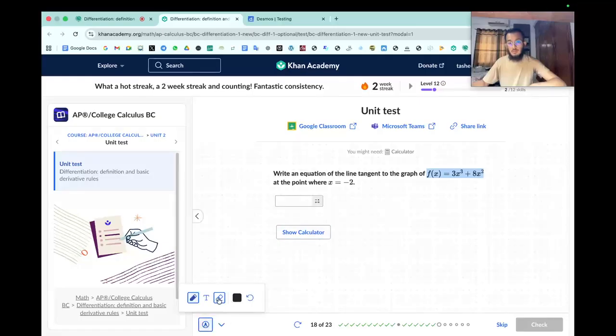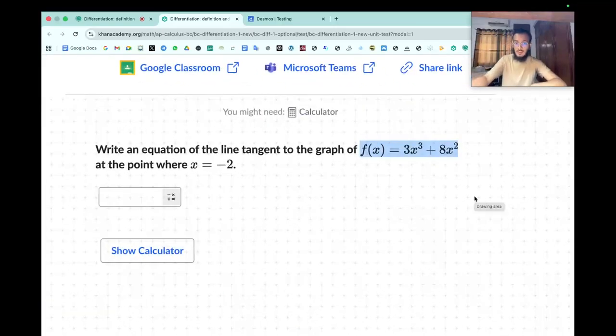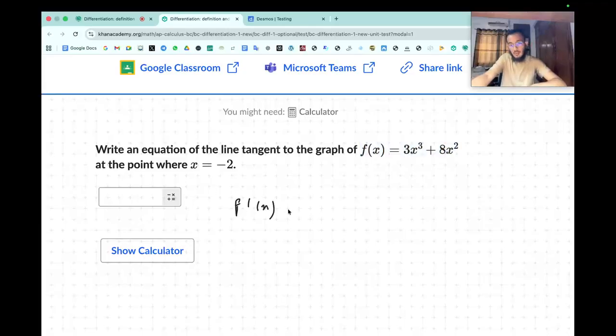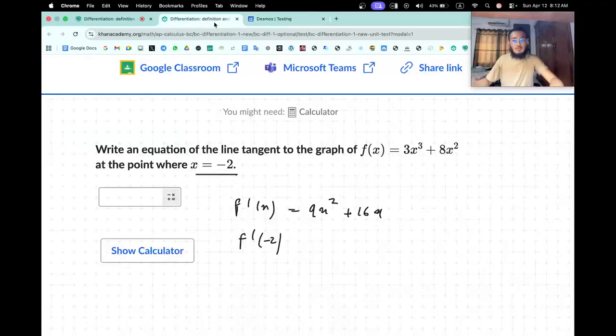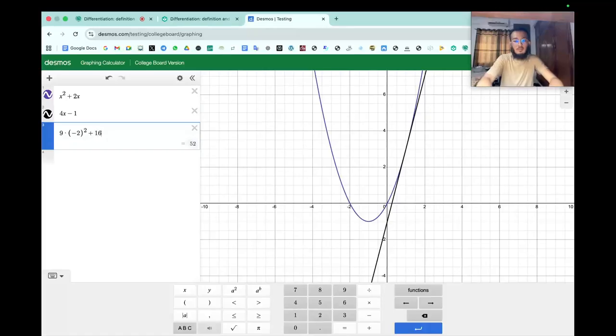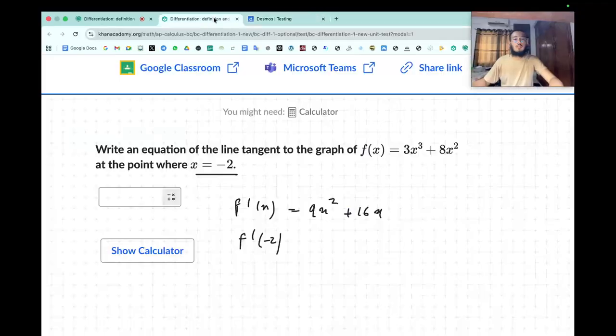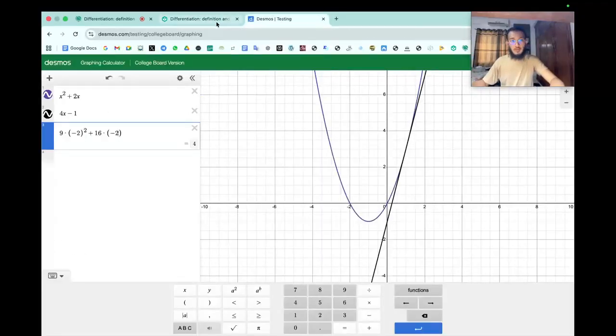We need the equation of a line that is tangent, so we need f'. So 3 gets multiplied by 3, we have 9x squared, the power gets reduced by 1, plus 8 twos are 16x. Now we have to plug in f'(-2). So 9 into (-2) squared plus 16 times -2 is 4.